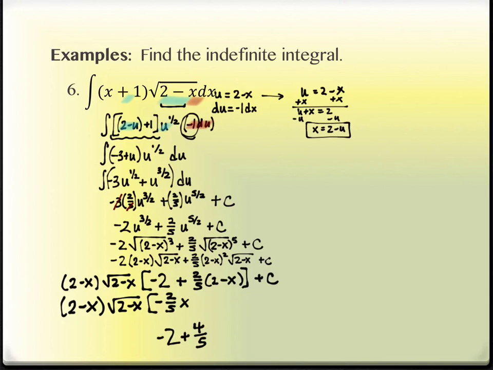Do you know what that is? -6/5 is correct. Right, because the 2 is the same as having 10/5. -10/5. Yeah, -10/5. Okay, so that's another version of it.